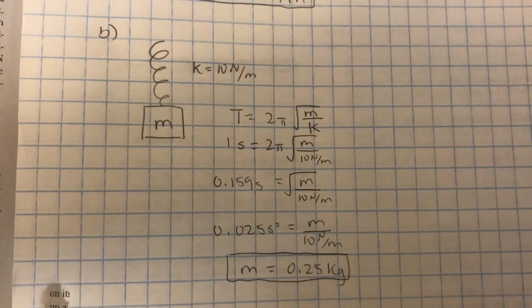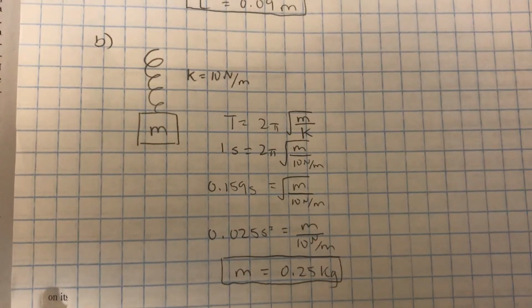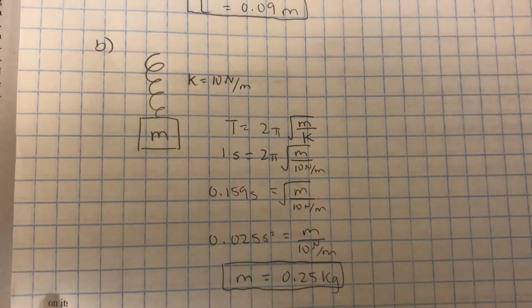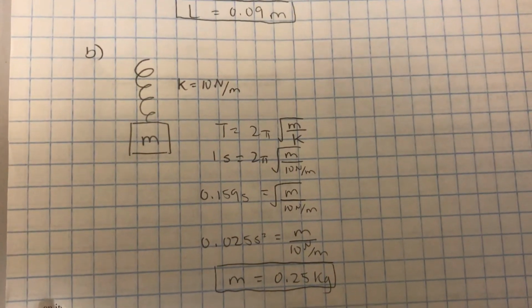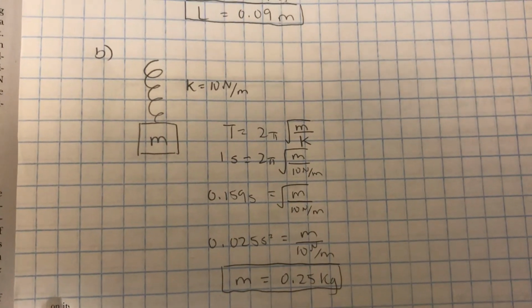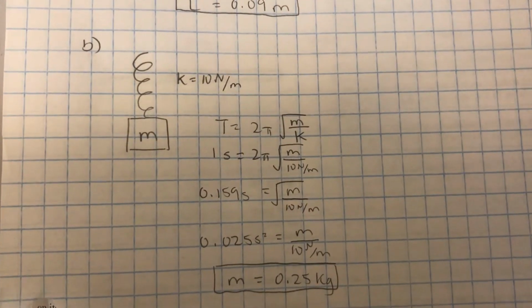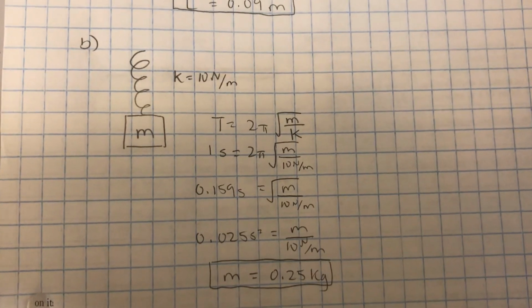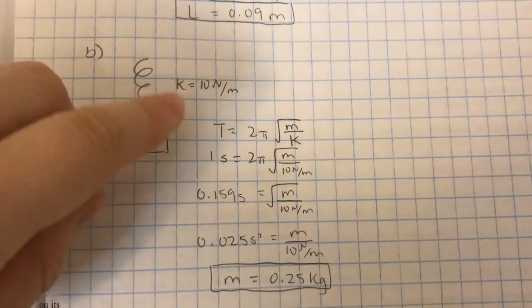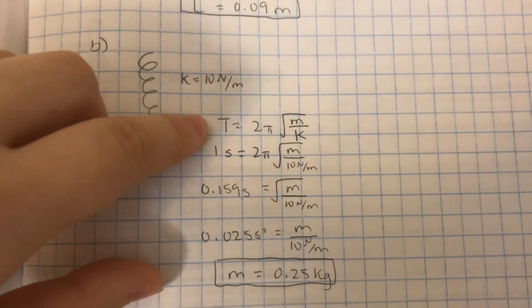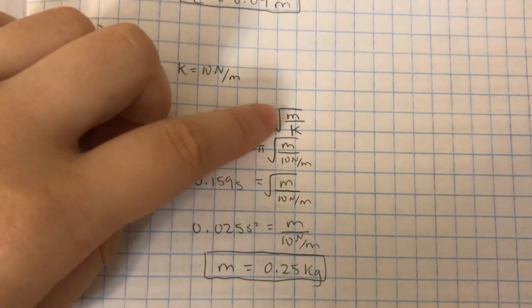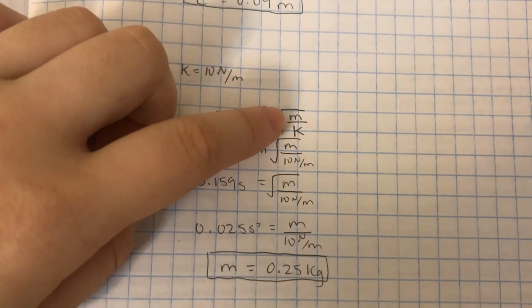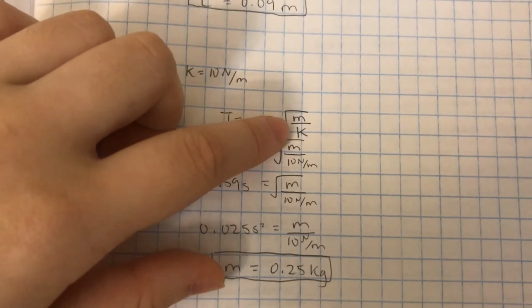For part B, we have an unknown mass that's suspended from a spring, and then that spring has a spring constant of 10 newtons per meter. We're going to be using the period of a mass on a spring this time, which is similar to the period of a pendulum, but then replace the length with mass, and then replace acceleration with the spring constant.